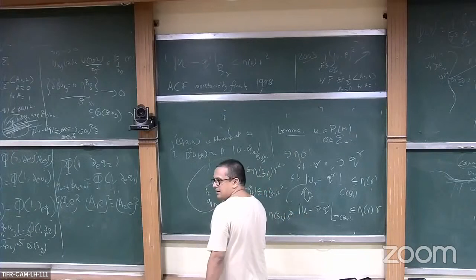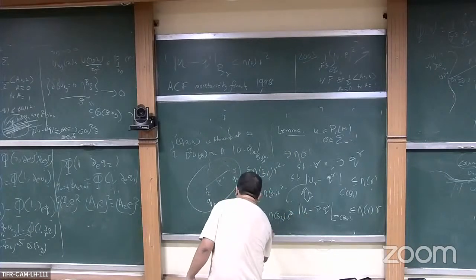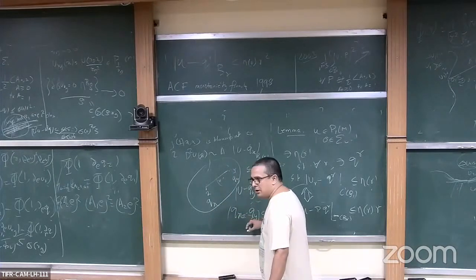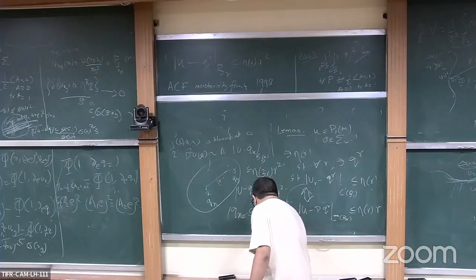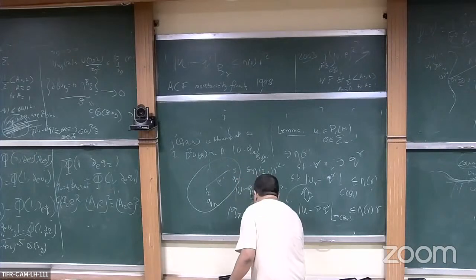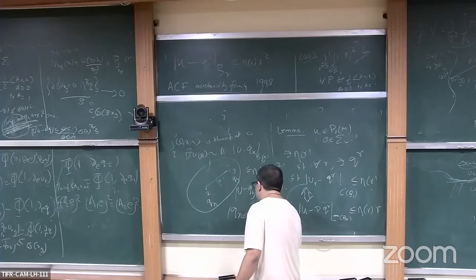So if I scale it to B1, in a ball of size r, these two quadratic polynomials are eta 3r r square close. So if I quadratically rescale in a B1 size ball centered somewhere, this is like eta 3r close, and this is the distance between x and y.